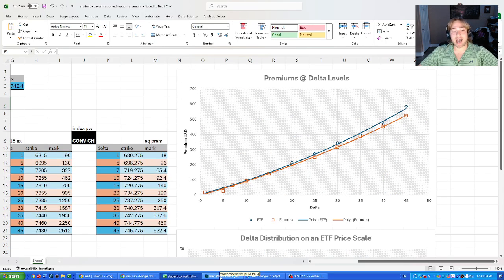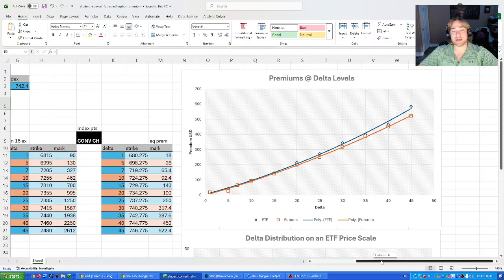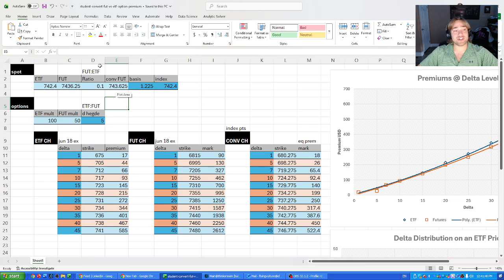So the trade I would talk about in this situation is we would go here. We put in our hedge ratio of futures to ETFs and our contract multipliers. With an assumed hedge ratio of 0.1 ES per SPY and that multiplier, we get a delta neutral hedge whenever we sell the same deltas of SPY to ES, which would be 5.